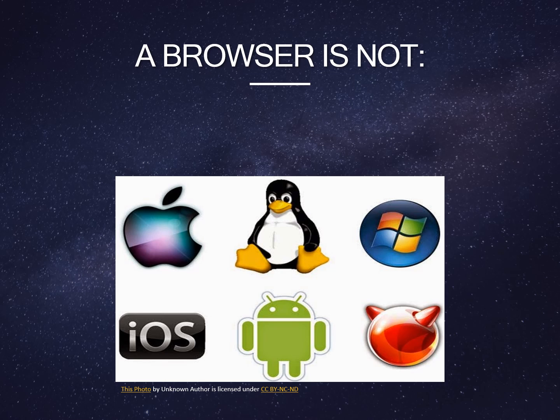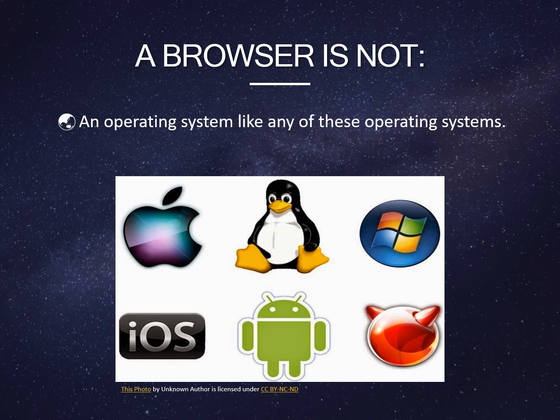A browser is not any of these operating systems that are represented below through these 6 icons. At this time, you are to go to the internet and research what each of these icons represent.